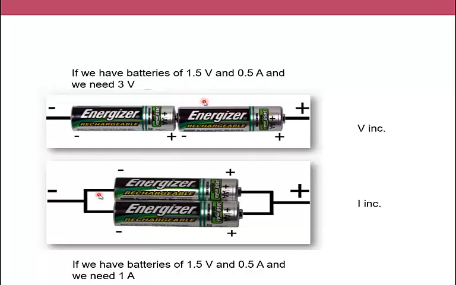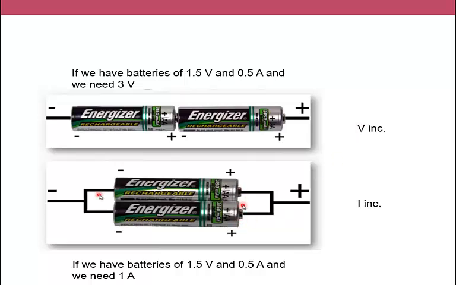In this slide we have two different connection types. We have series. If you put the first battery next to the second battery, it is called series connection, and if you put them like this, the connection is called parallel. The main characteristic of the series connection is that the voltage will be increased while the current will be the same.